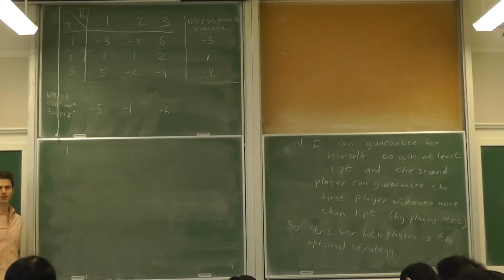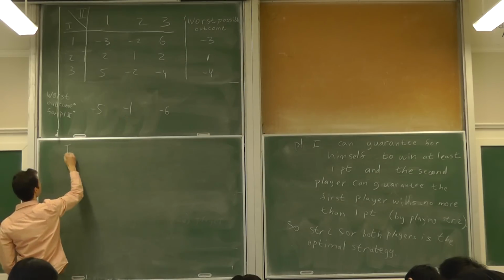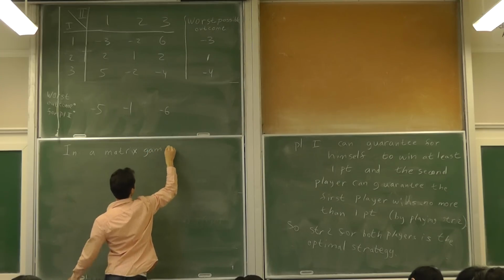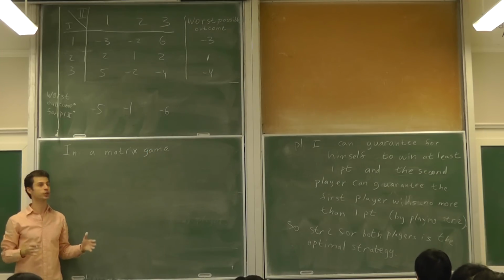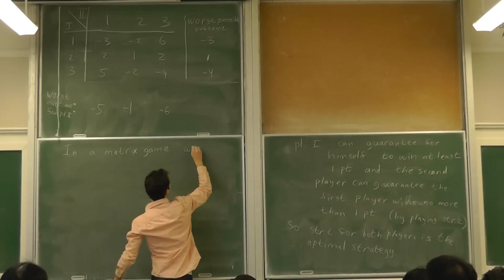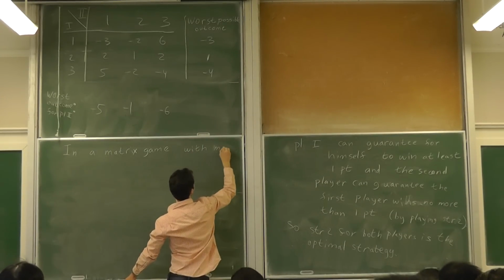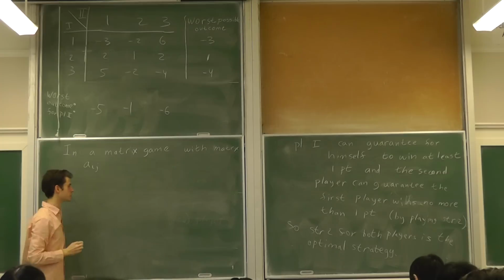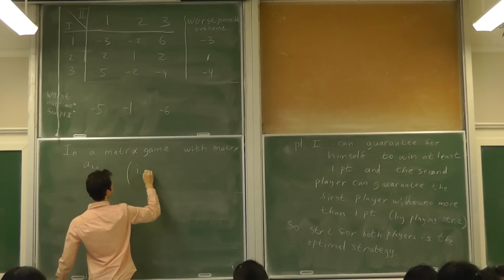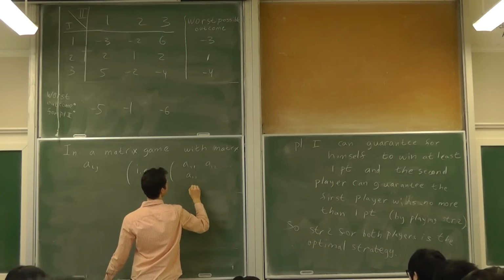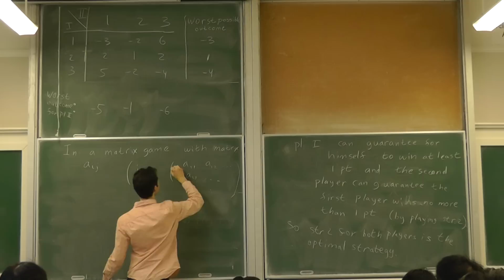We'll start moving towards analyzing the most general possible matrix games. So in a matrix game, by matrix game I mean just two-player zero-sum games given by such a matrix, the matrix A_ij, which means A11, A12, A21, and so on.